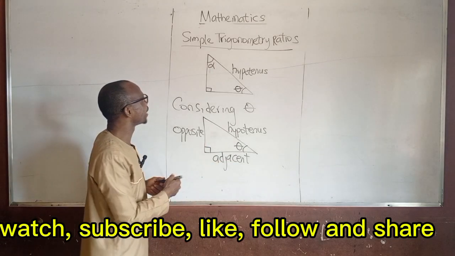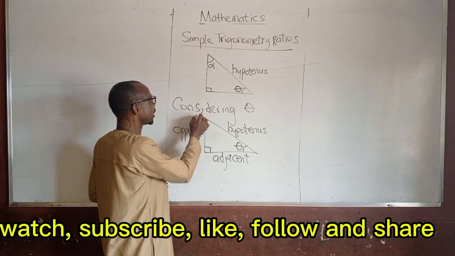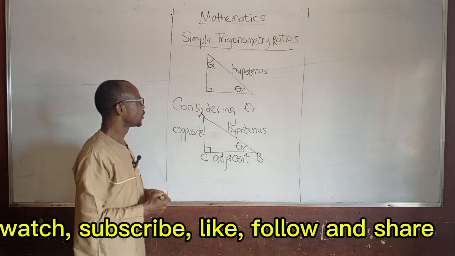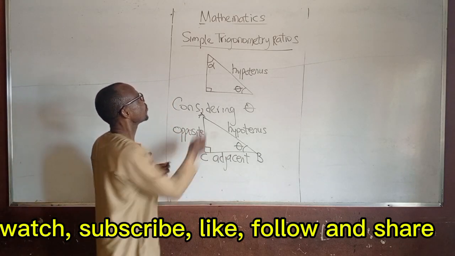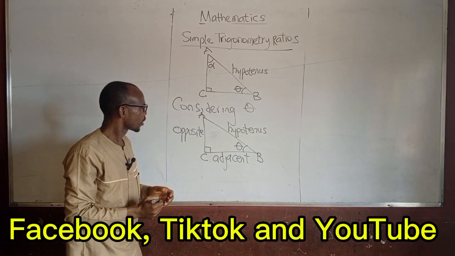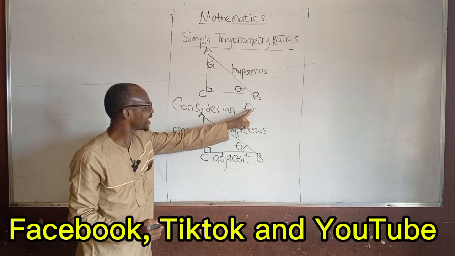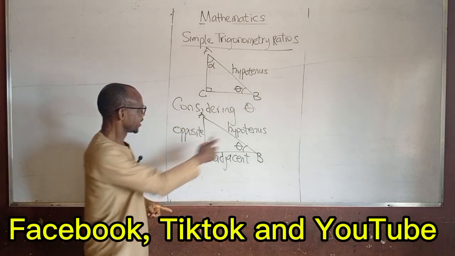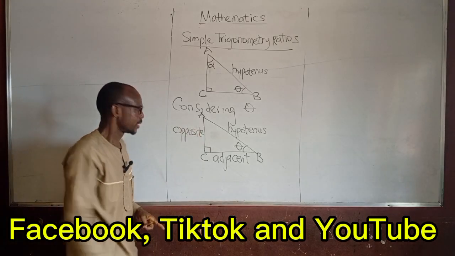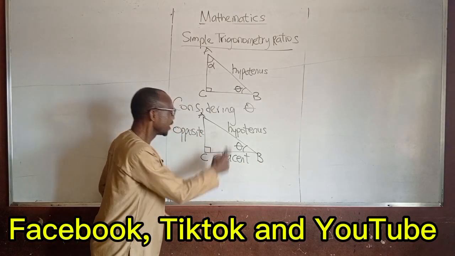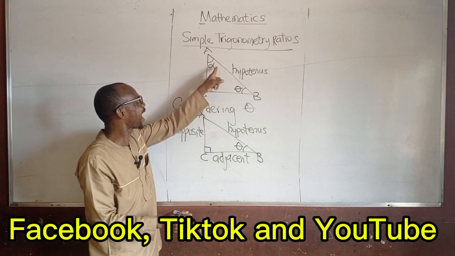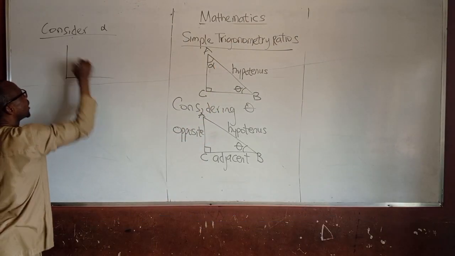So for this triangle now, make I call this one A, B, and C. So look at this triangle now. When we dey consider theta, then A, C na opposite, while B, C na adjacent to theta. But if we want to consider alpha, I will draw this again.